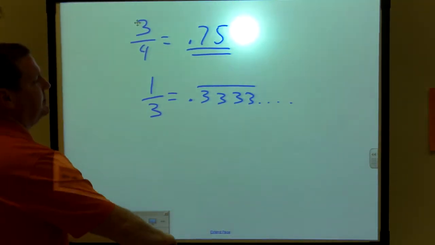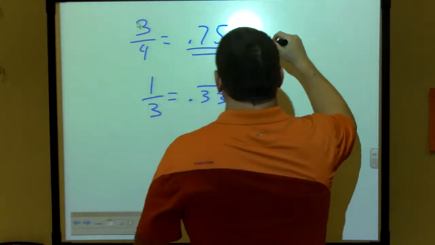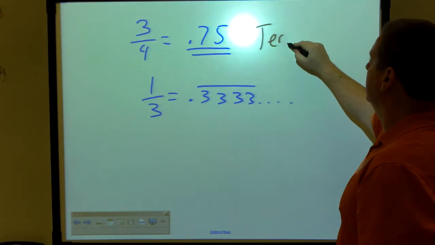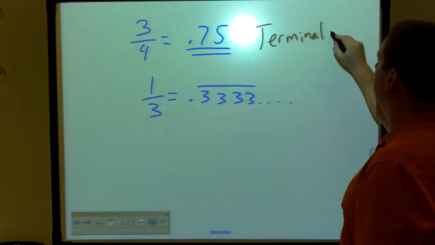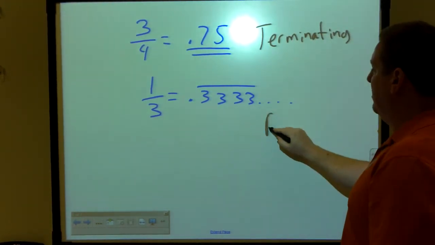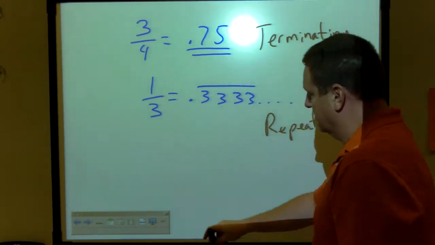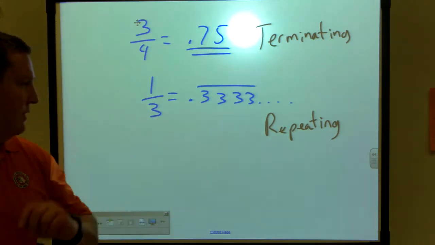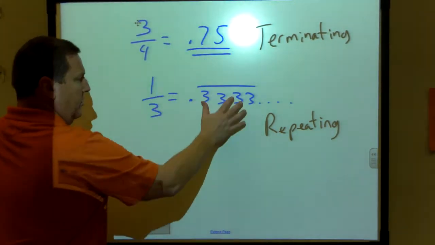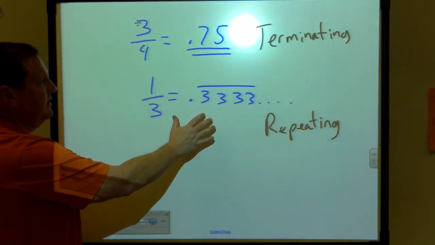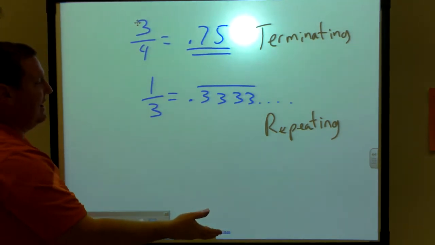So you've got two types of rational numbers: terminating and repeating. Look at their decimal forms. That's the easiest way to know if it's actually a rational number.